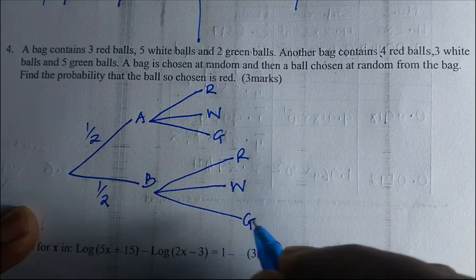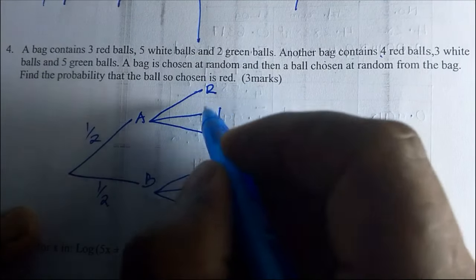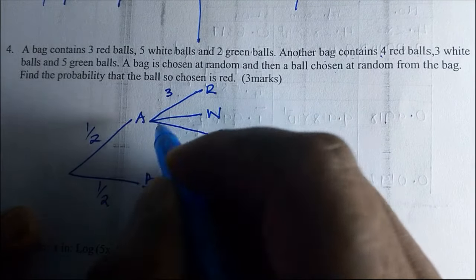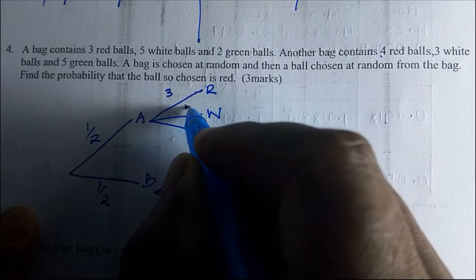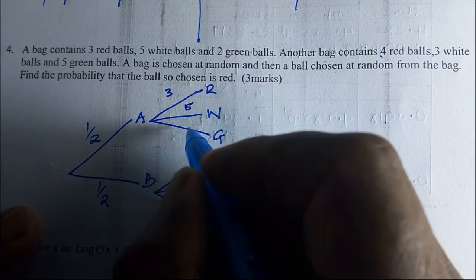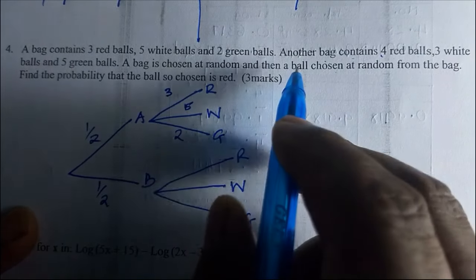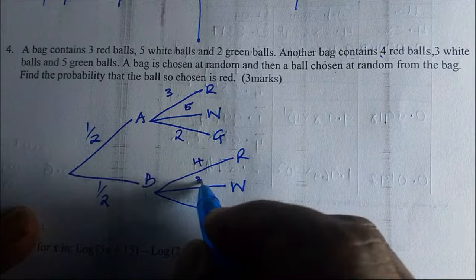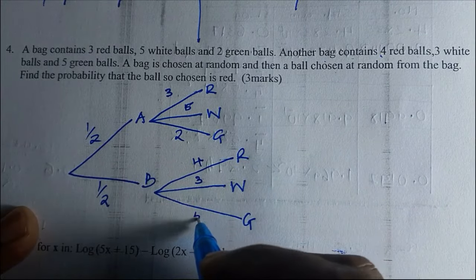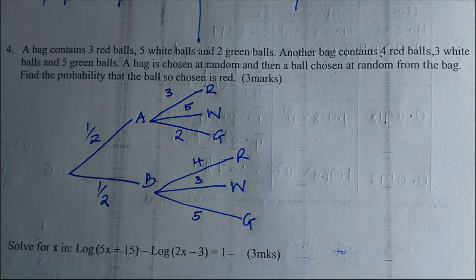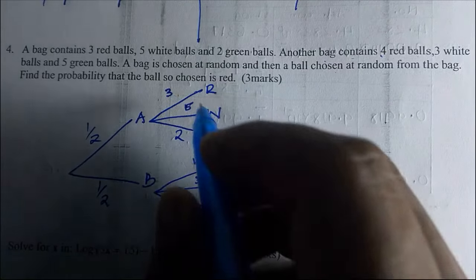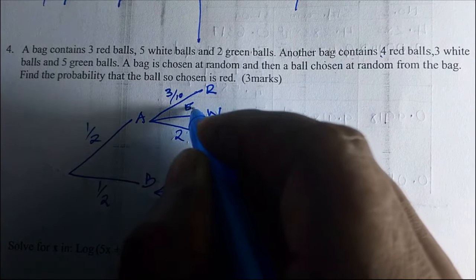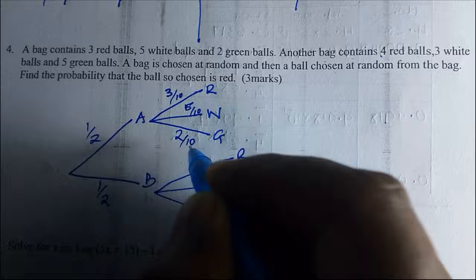So bag A contains 3 red, 5 white, and 2 green. Bag B contains 4 red, 3 white, and 5 green. So the total here is 10. The total for the second one is 12.